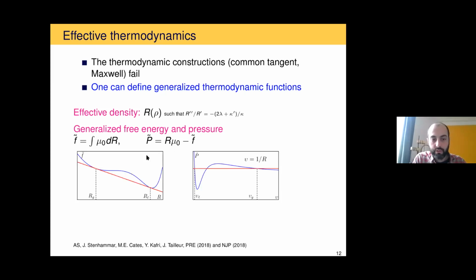With these quantities, you can do the construction that we have learned in school. So you do the common tangent construction, and it gives you the two coexisting densities, so the R in the gas and in the liquid. And from that, you can infer the real density in the two phases. Or it's equivalent to also do the equal area construction on the pressure.